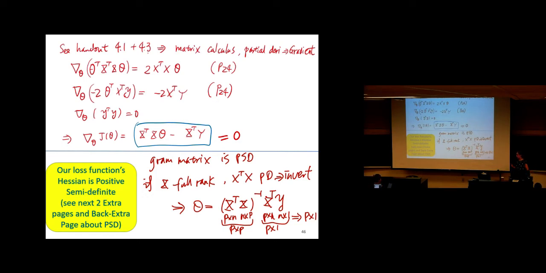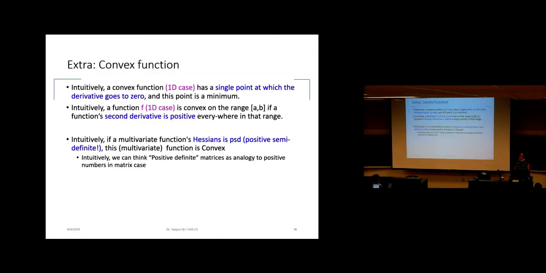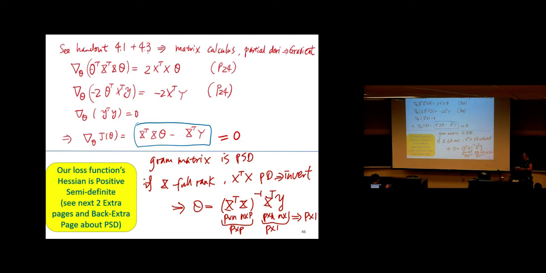The inversion, in the end, is a matrix of P times P. The reason why I'm doing so is the form of X transpose X: this matrix is positive semi-definite, and if X is full rank, it's guaranteed X transpose X can be inverted.